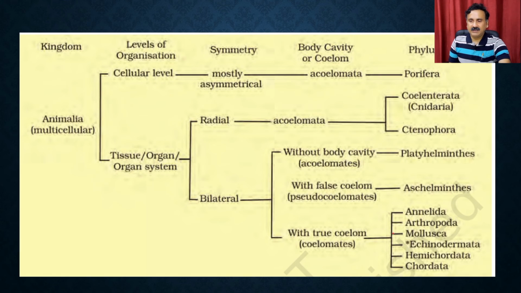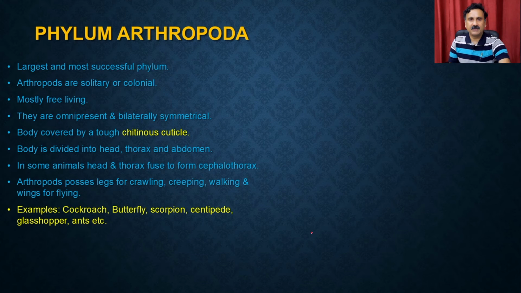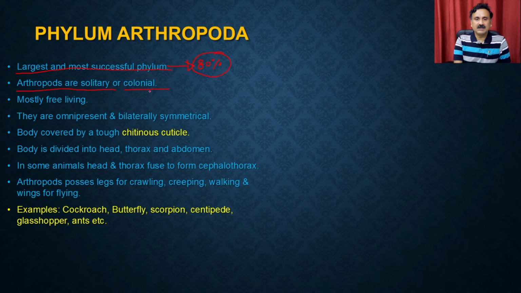Then we have the second phylum, which is called Arthropoda. Arthropoda are the largest and the most successful phylum, covering approximately 80% of all the animals found on the earth. Arthropods are solitary or colonial. They are mostly free living. They are omnipresent and bilaterally symmetrical.